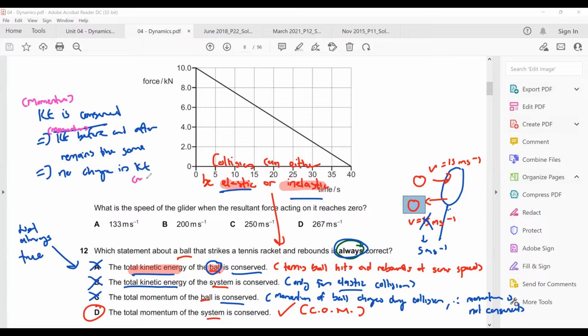There's no change in the momentum. As I mentioned, during any collision, the momentum of the objects inside the system can change. It's just that the system itself doesn't change. So you say the total momentum of the ball is conserved. This is not true. So the answer is just D. Okay, so far, so good.